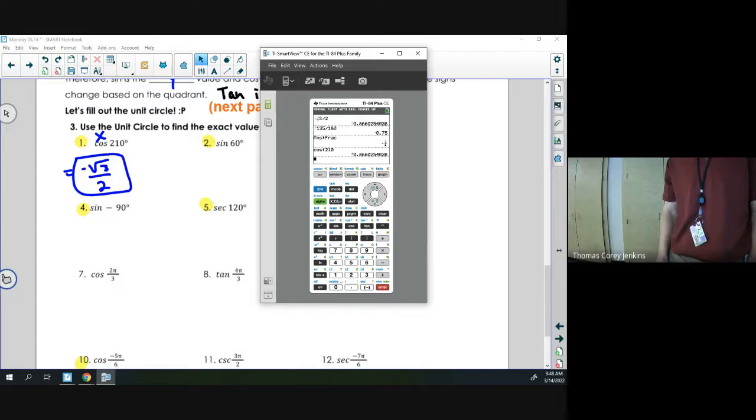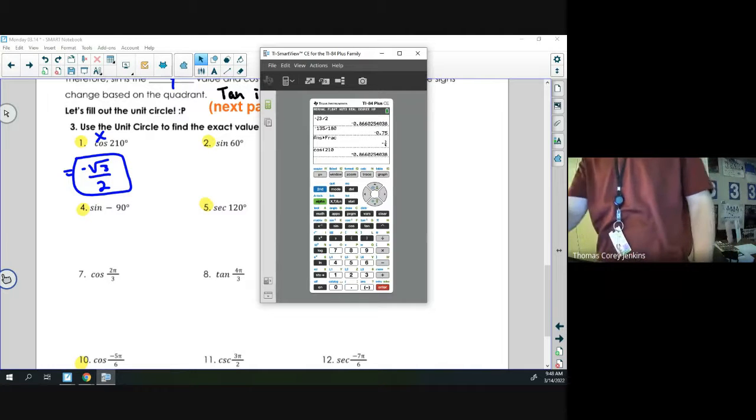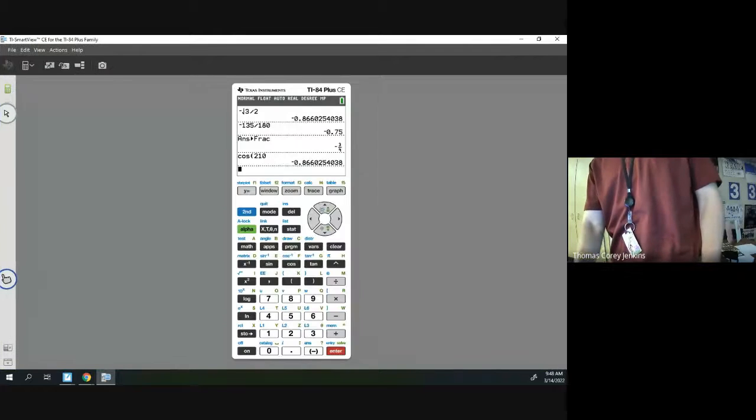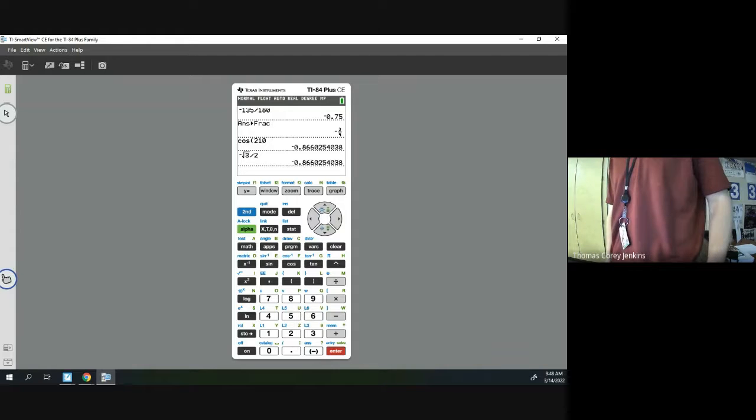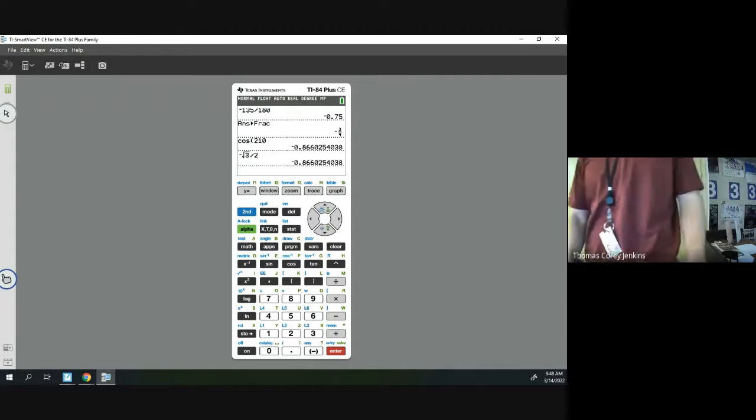Could you come up with negative square root of 3 over 2 from that decimal? No. So that's why we need the unit circle. But this is a decent way to check your answer. If that's cosine of 210, I could type in what I think the answer is, the opposite of the square root of 3 divided by 2, and I should get the exact same decimal. And I can see that I do. So that's a nice way to check your answer.